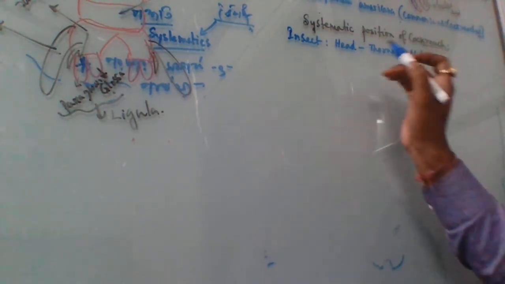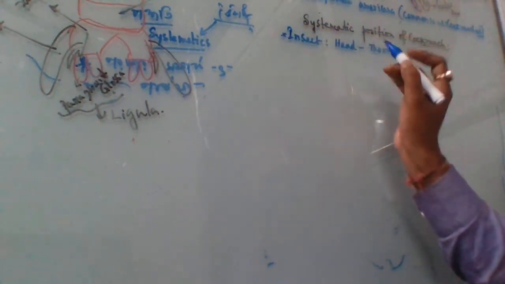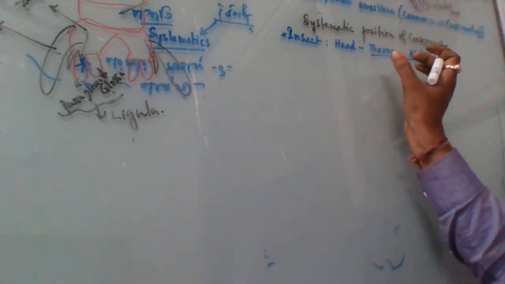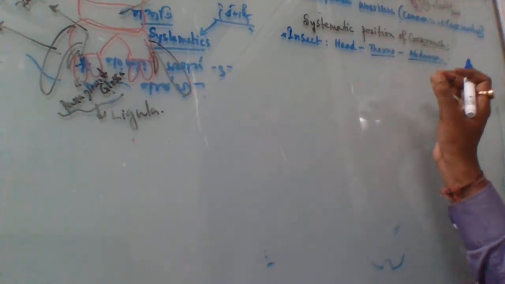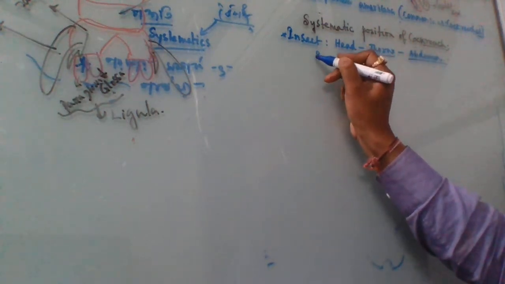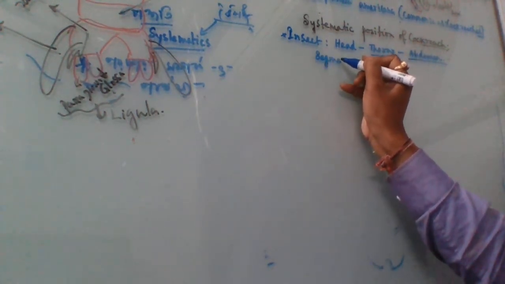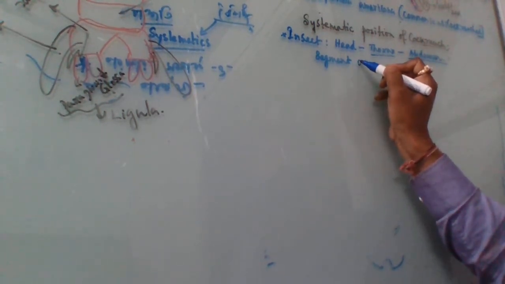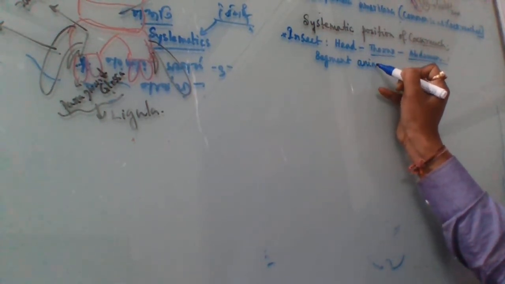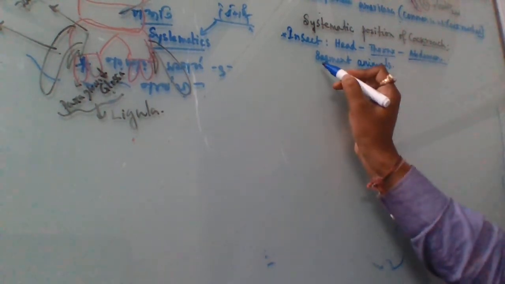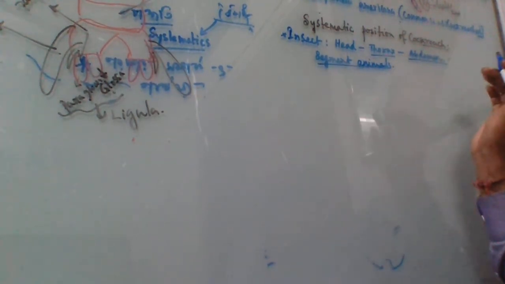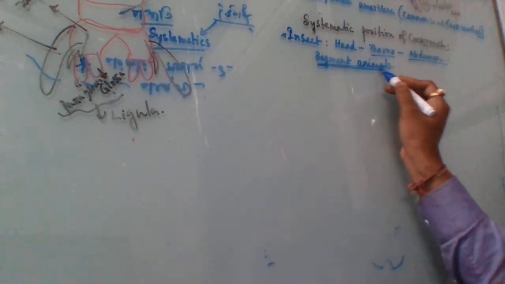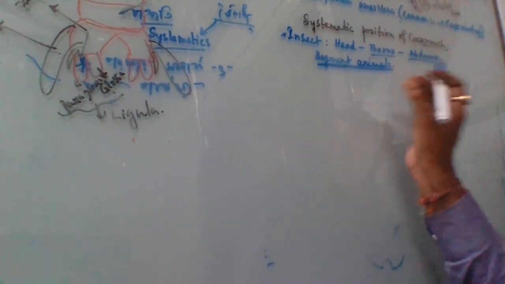As you know, all insects have a particular body segmentation, as arthropods are segmented animals. They have a particular number of segments, and the body is covered with a hard exoskeleton.